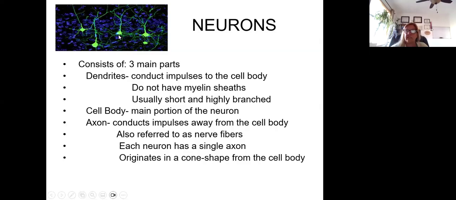But you have to keep in mind the way the cell is actually cut and laying on the plane of your cut. You may see it this way, or this way, or this way, or you may see half of it. It just depends on how you get that cut on that neuron.